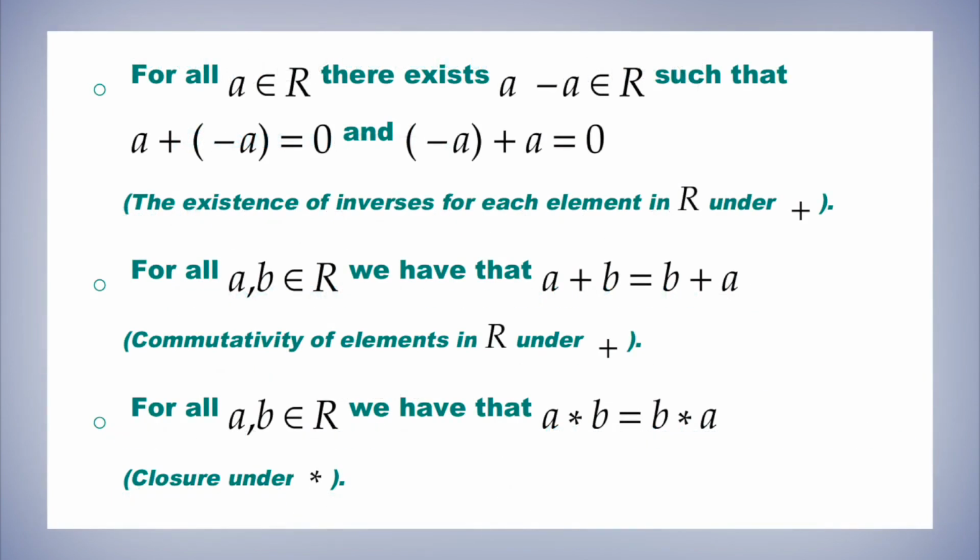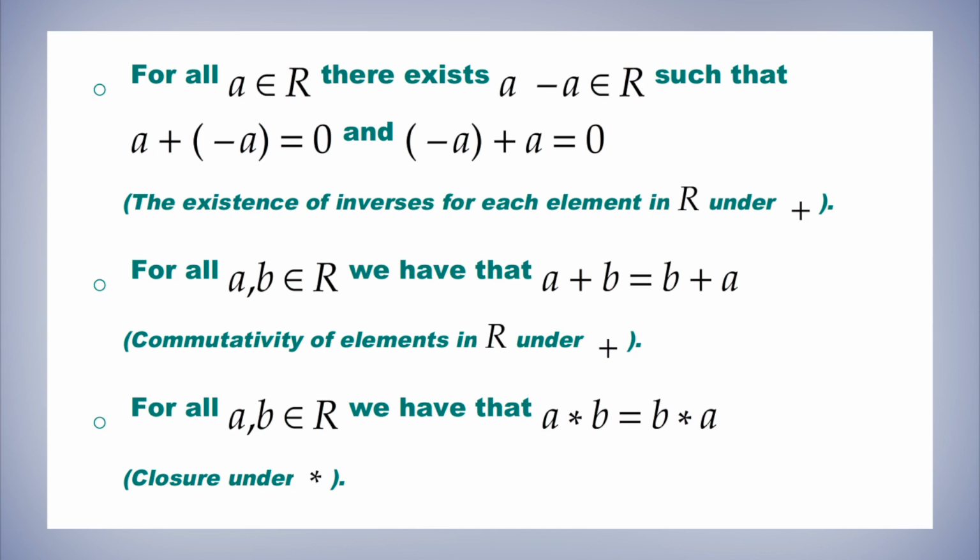For all a in R, there exists -a in R such that a + (-a) = 0 and -a + a = 0, the existence of inverse for each element in R under addition. For all a, b in R, we have that a + b = b + a, commutativity of elements in R under addition.